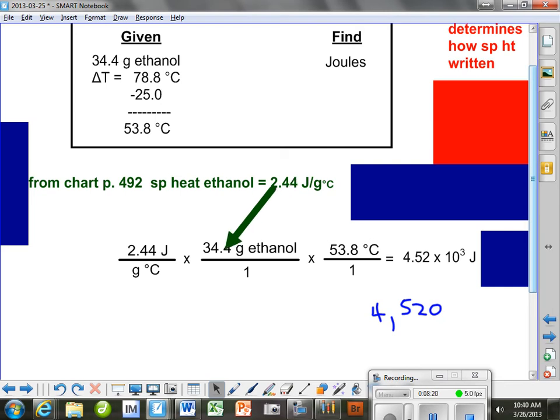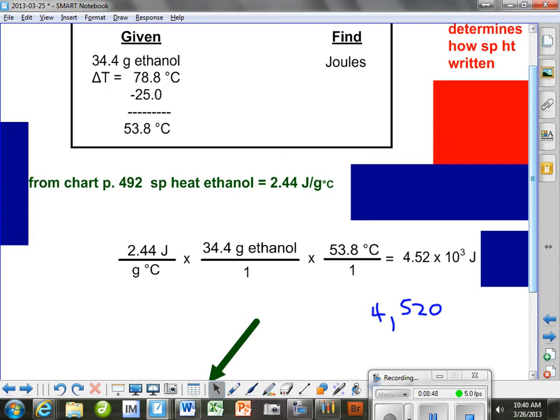You see, if this guy's flipped, that means that grams and degrees centigrade will be on the top here, which means that grams and degrees centigrade would be flipped as well. But this problem is not that one. And you'll see that in another problem in just a moment. That's a very good question. Any further questions about this particular problem?